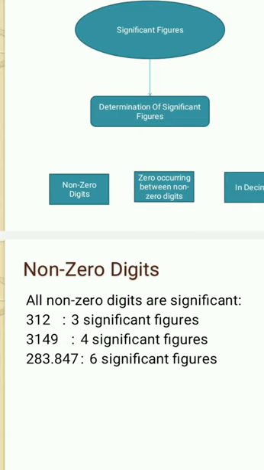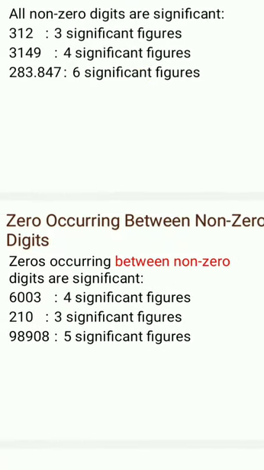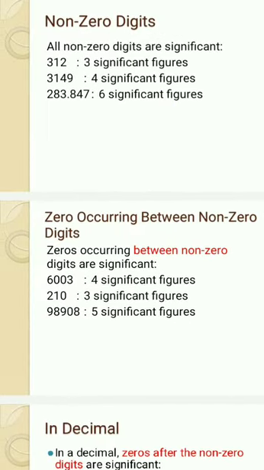Who answered that? Okay, good job, Muhaimin. Okay, we go to the second option, which is zeros occurring between non-zero digits. Do you know what a non-zero digit is?